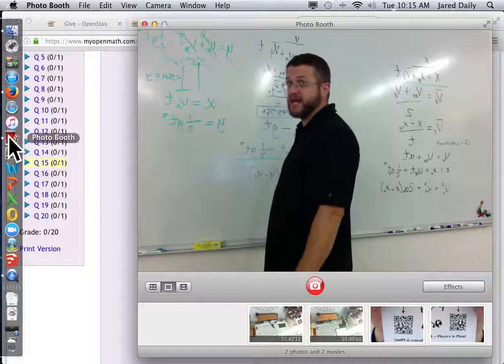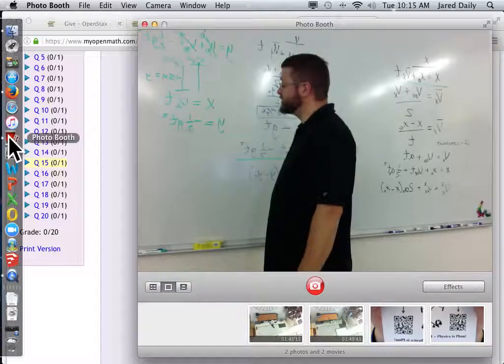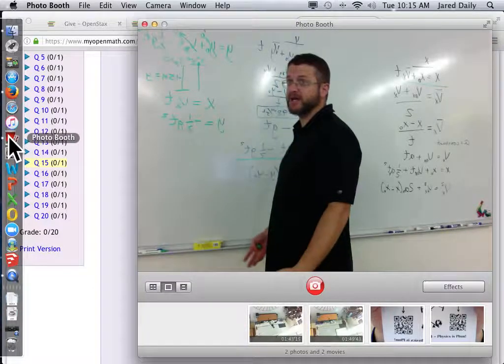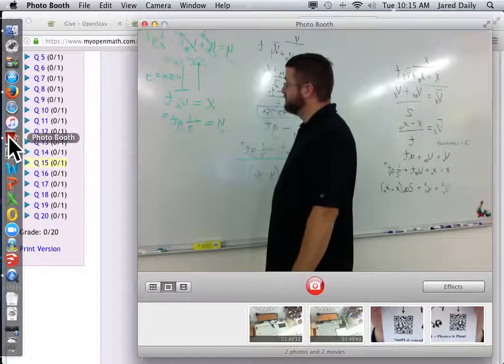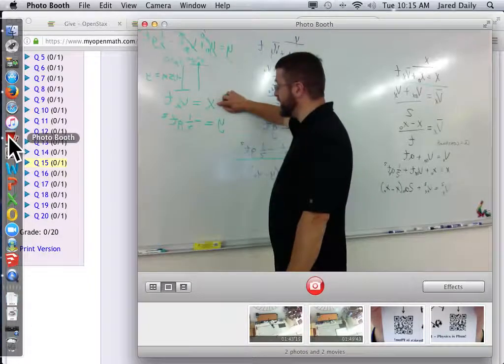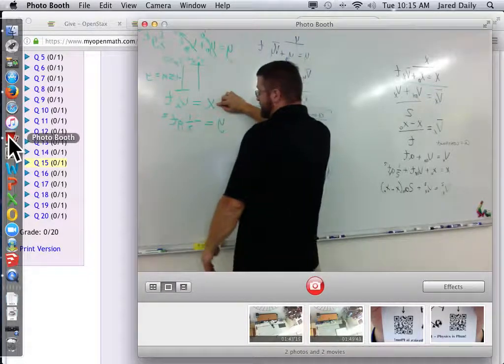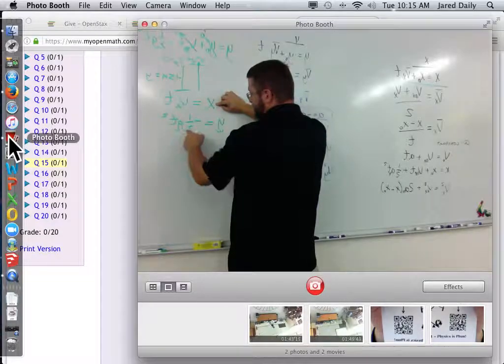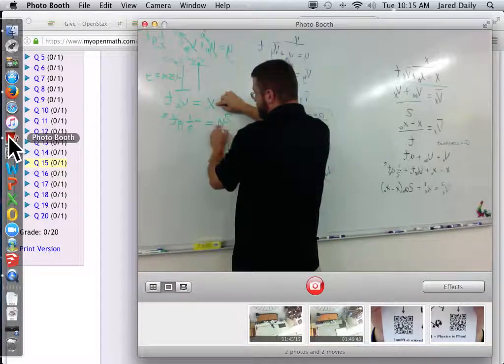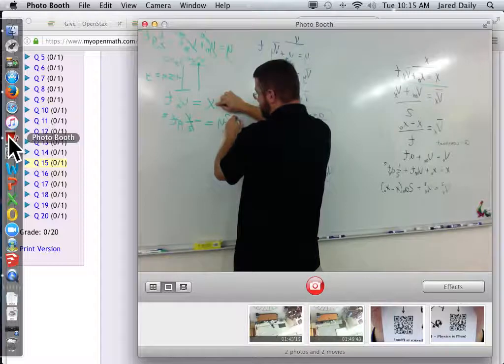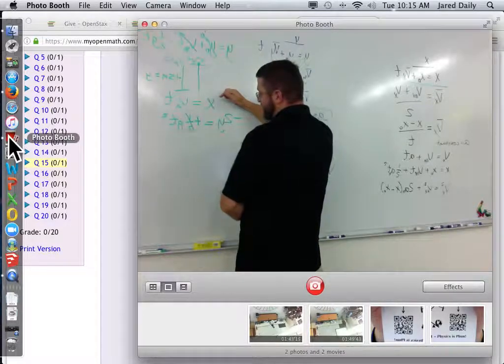Well, we need to know t. So what we do is we solve one of these equations for t and plug it into the other equation. But we need to know x, so we need to keep this equation kind of intact. So I'm going to solve this equation for t. Multiply by 2 on both sides, it gets rid of that. Multiply by a negative on both sides, it gets rid of that.